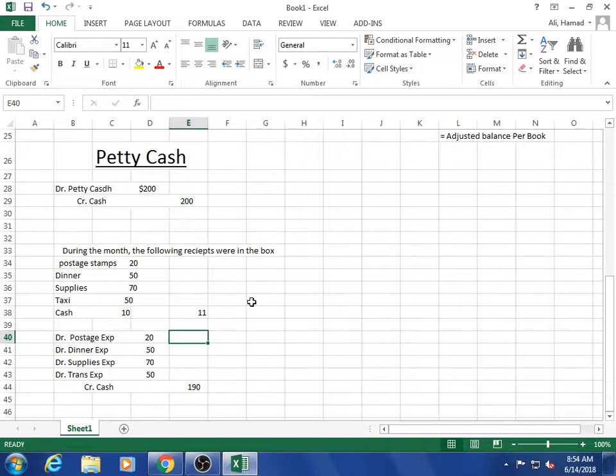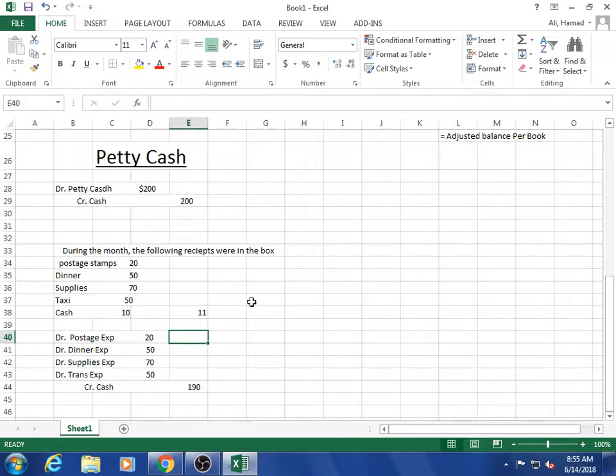That means you have $1 over. In this case, you credit cash short and over, and debit cash with these amounts minus $1. So if you are missing, you debit cash short and over. If you have an extra, you credit cash short and over. Is that clear? Okay.